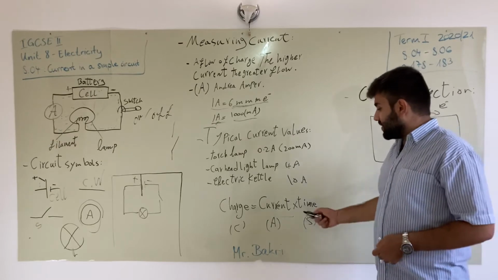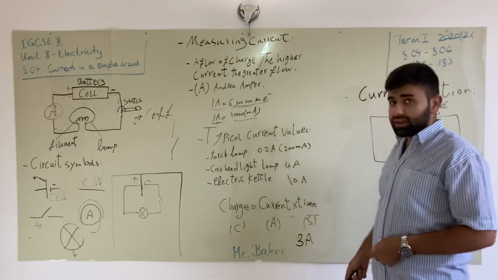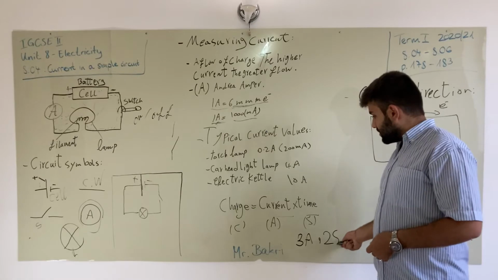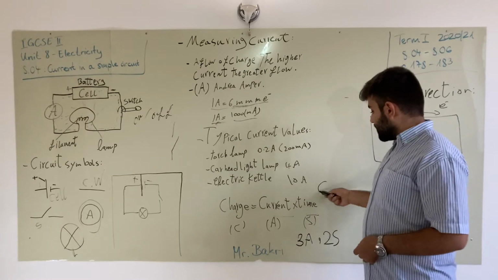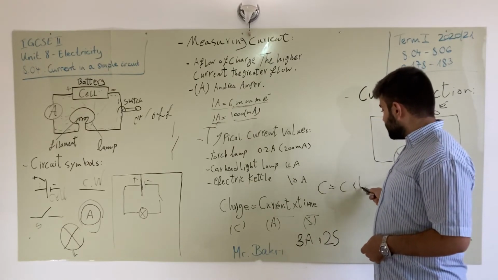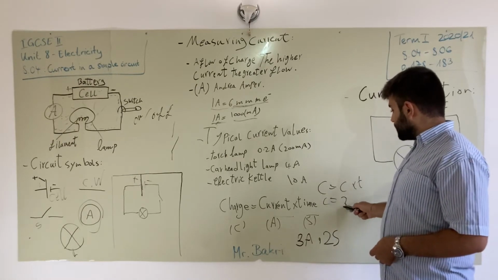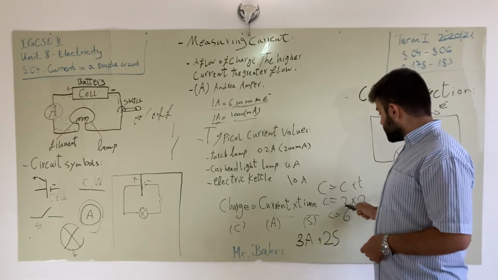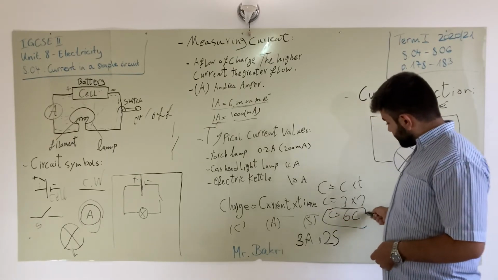A simple example: if we have a current of 3 amperes passing for 2 seconds, how much is the charge? Using the law, charge is current times time, so 3 amperes times 2 seconds. The charge is 6 coulombs.